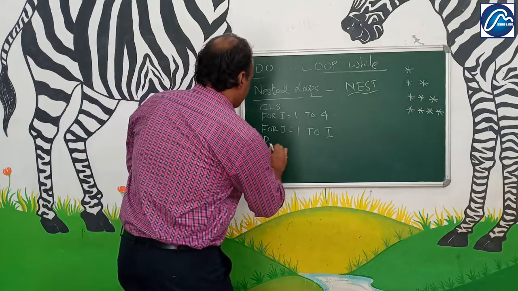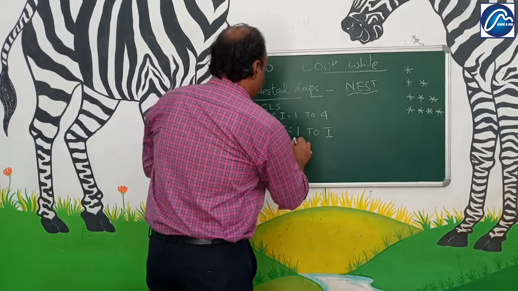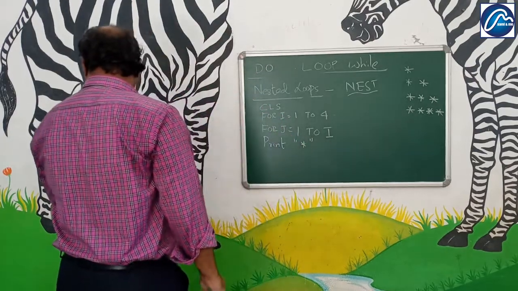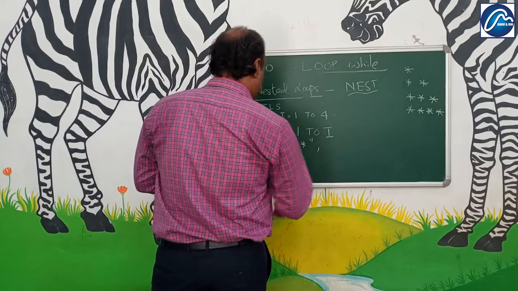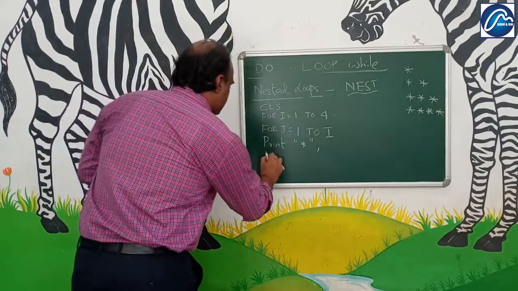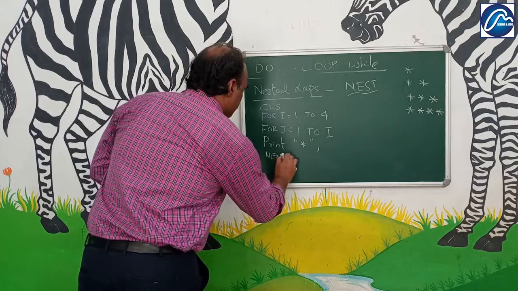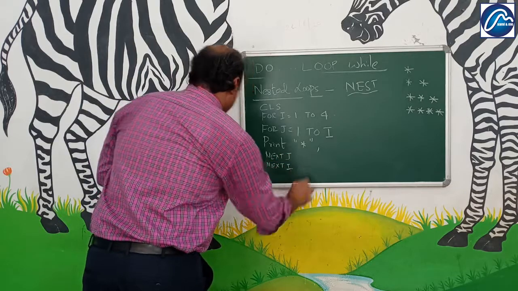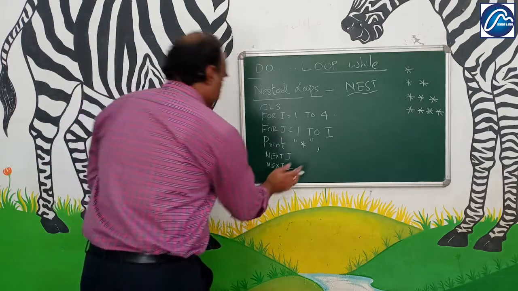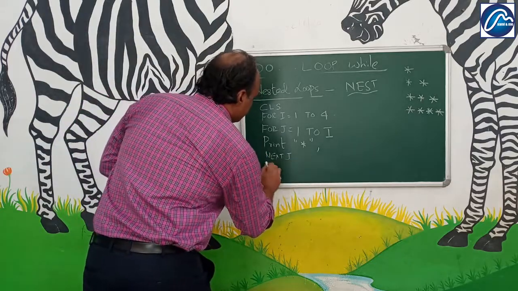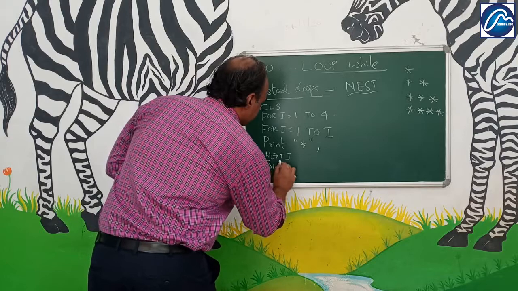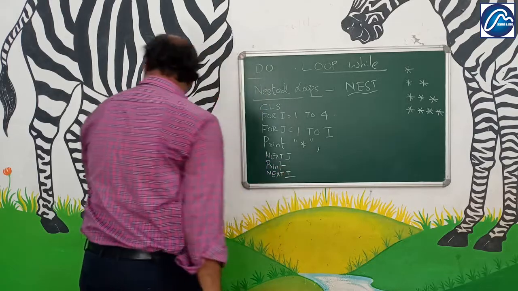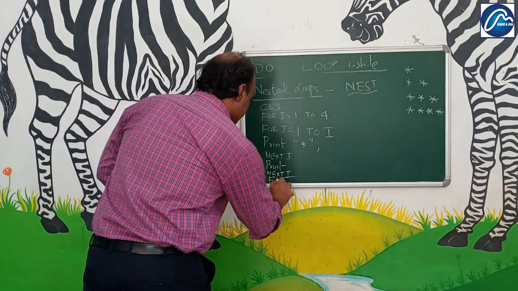Print asterisk. Okay. Then a semicolon is given. Next J. Then it is print. Next I. End.